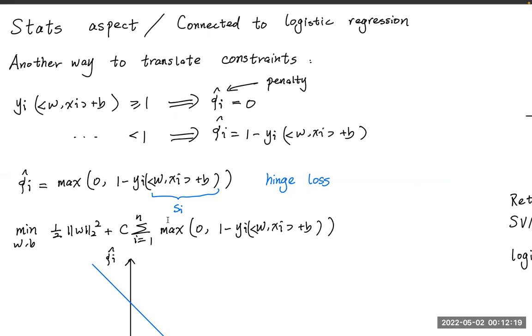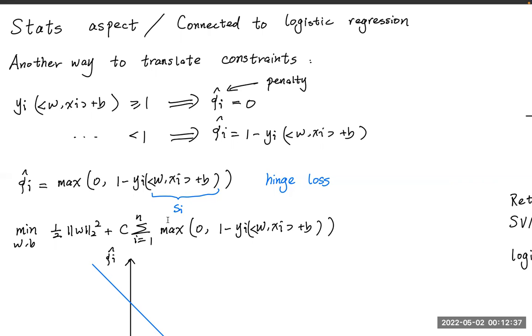So we want to come back to logistic regression. Remember that when we started SVM, we started from a warm-up on logistic regression, and now we want to come back to logistic regression based on another way to translate the constraint.